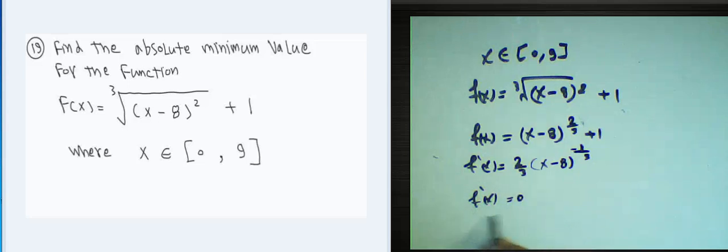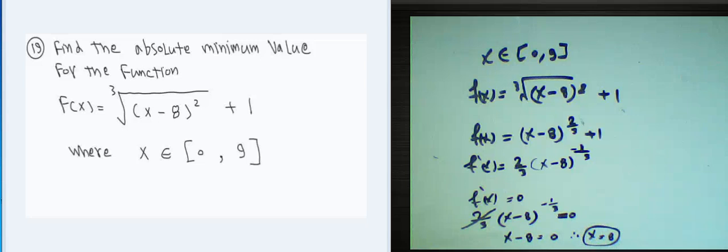Then 2 over 3 multiplied by x minus 8 all power negative 1 over 3 equals 0, and divide by the constant. Then x minus 8 will be equal to 0, and x will be equal to 8.